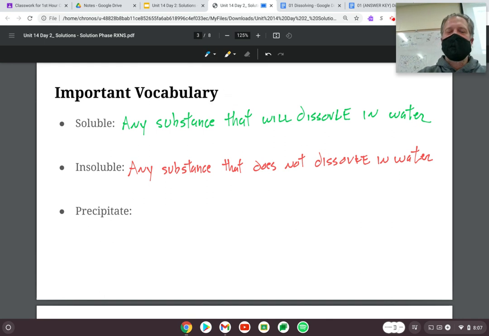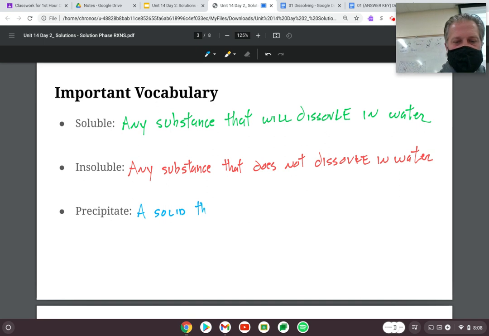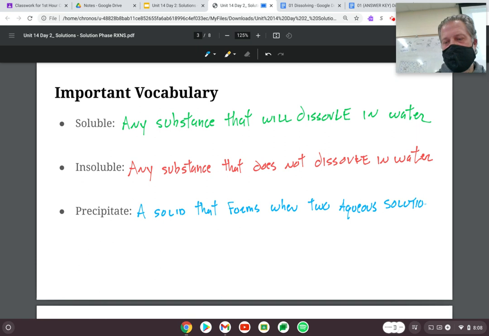And then lastly, the term precipitate means a solid that forms when two aqueous solutions are mixed.